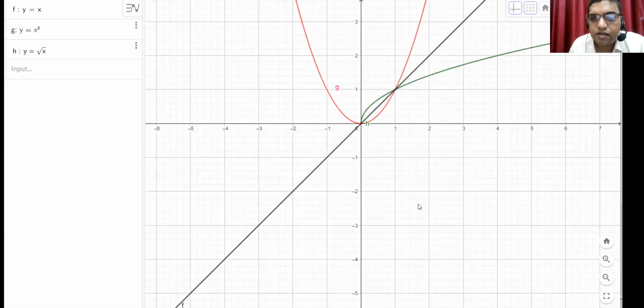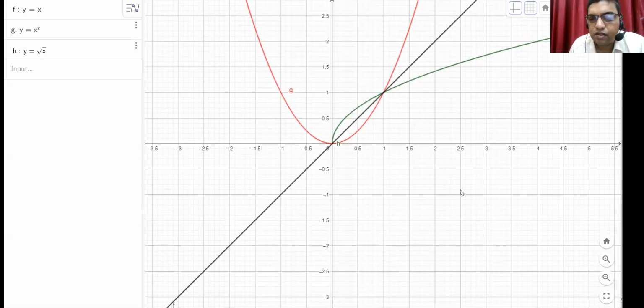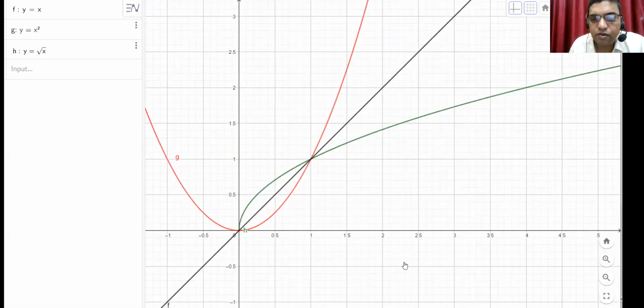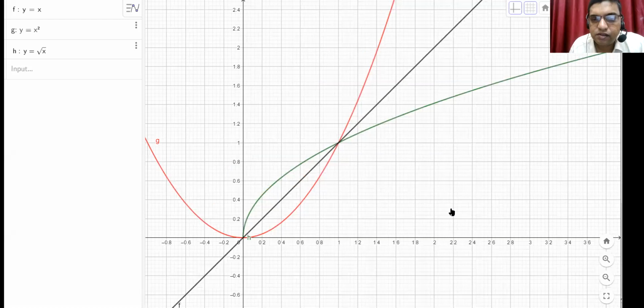Now you observe this. We'll consider only this portion in the positive x-axis. So this red curve is y equal to x square, y equal to x is this straight line, and y equal to root x is this green colored line. We will see that this function and its inverse are symmetric about the line y equal to x.